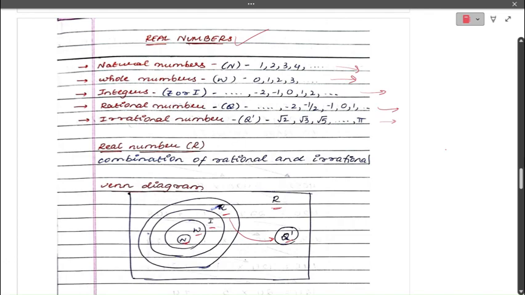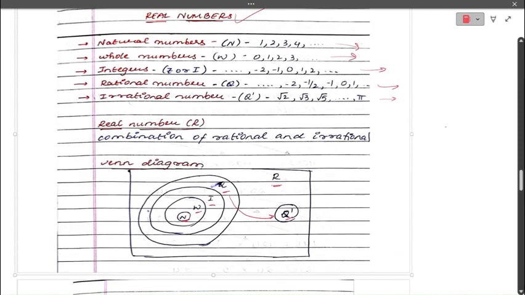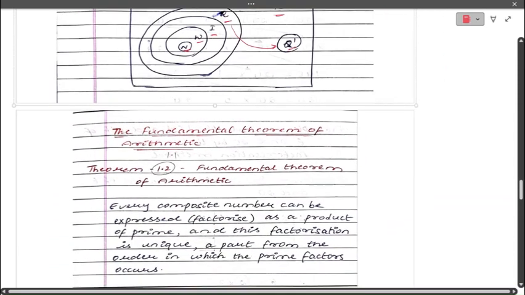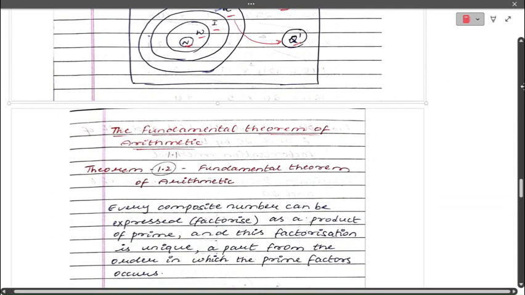Okay, let's move ahead further. Yes. So this is basically theorem 1.1 as per the latest edition. This PDF, this written note, was for the previous years. This year, it is theorem 1.1.